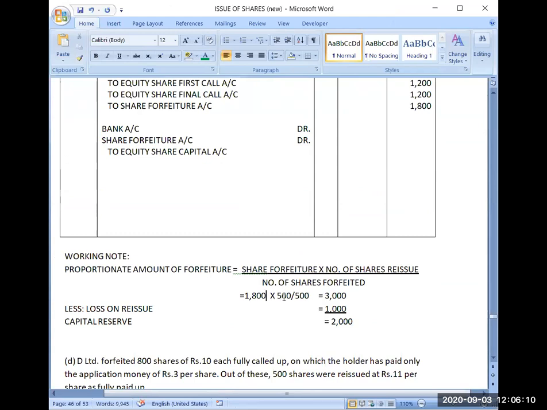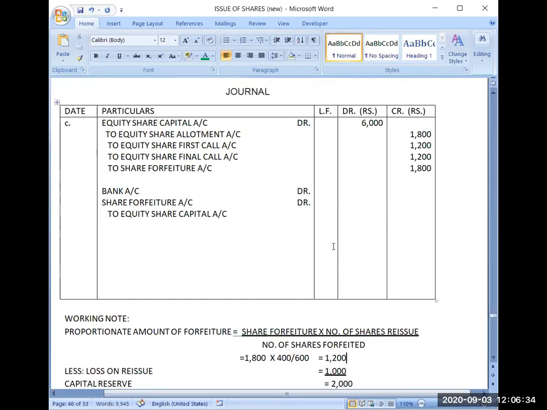Number of shares reissued is 400. Number of shares forfeited was 600. So that's why it will come 1,200. So you can give maximum discount of 1,200 only.